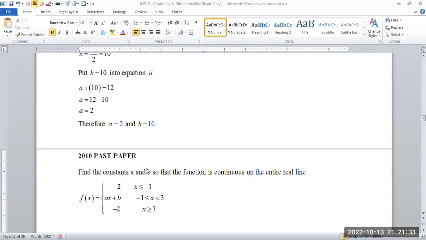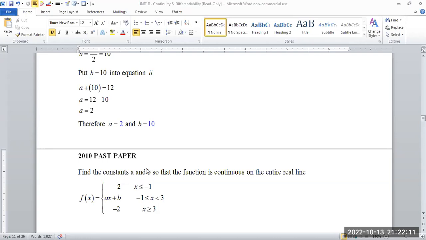So if I go back to my standard right there, I remember. The limit of a constant is a constant itself. So what they're saying is you're trying to find the limit as x approaches -1 from the left of 2, which is equal to 2.